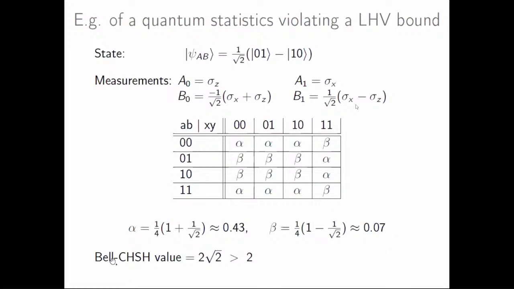And when we compute the value of the CHSH expression, it is 2 square root of 2, which clearly violates the bound arising from assuming local hidden variables. So quantum mechanics violates the Bell CHSH inequality, and therefore quantum correlations or quantum statistics cannot be described by a finer local hidden variable model.